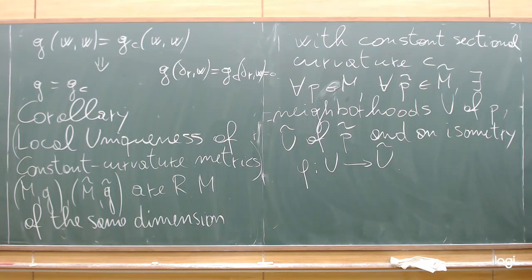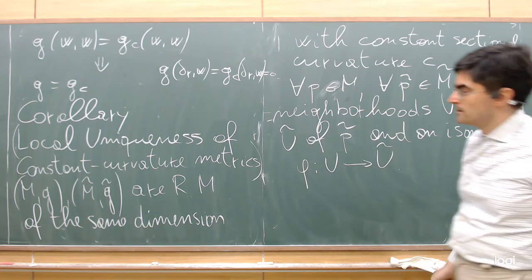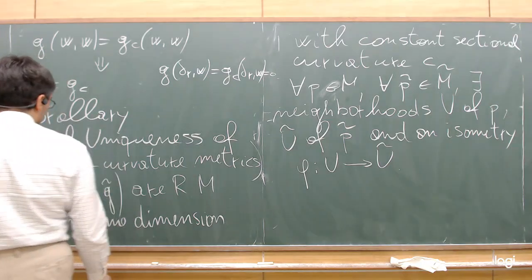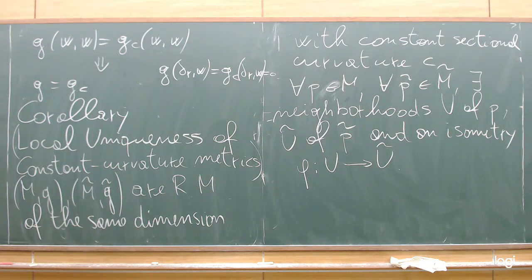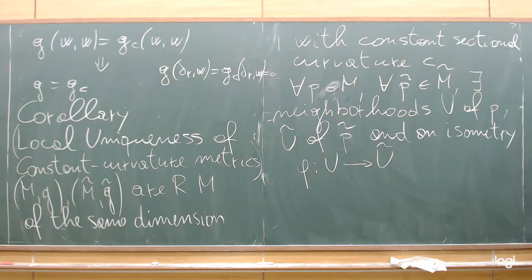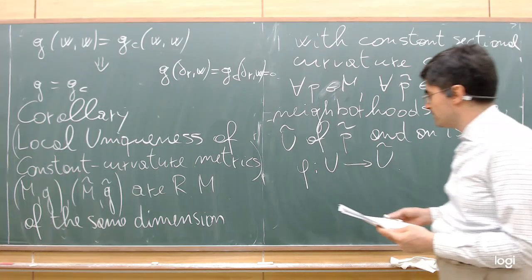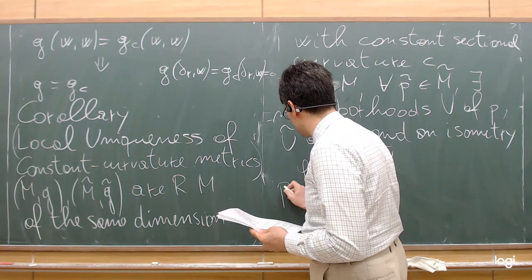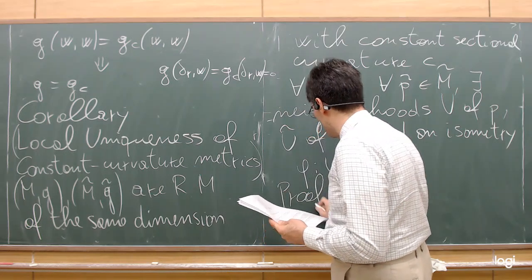So this corollary says that up to an isometry, locally there is only one Riemannian manifold with constant sectional curvature C. So let's prove the result.